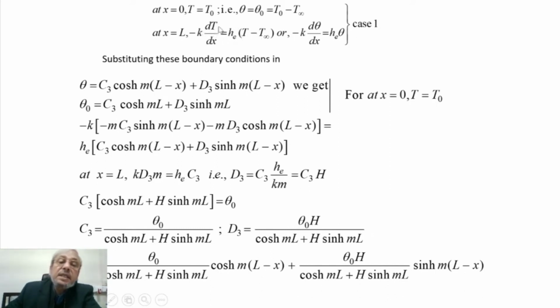So minus k dT/dx into end area equal to h_e into end area (T minus T infinity). End areas are the same, they get cancelled out, and so we can write minus k d theta/dx equal to h_e into theta. Now I have written case 1.